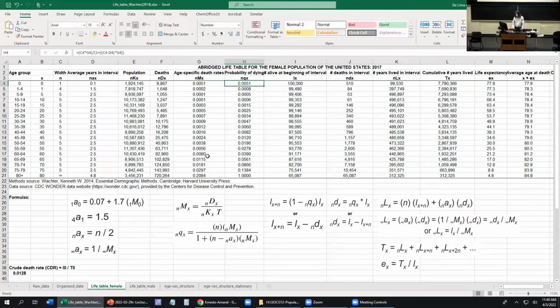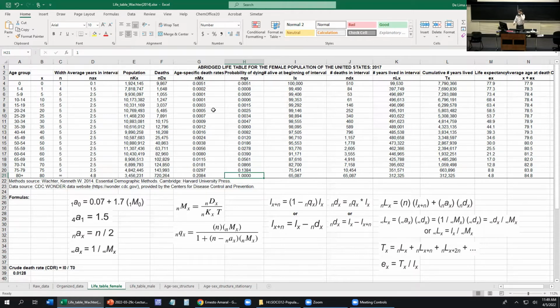We calculate that for everybody, the same formula for everybody, using the width of the interval, the mortality rate, and the average years in the interval. Until the last one, where we force everybody to die. So here there's no formula. The last one is just 1, everybody dies at the end.